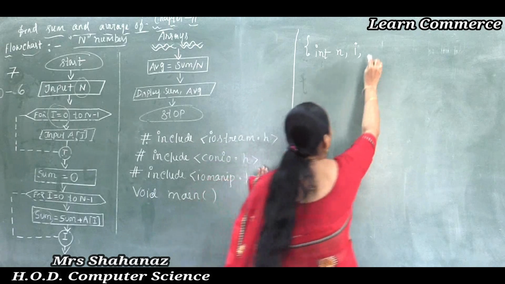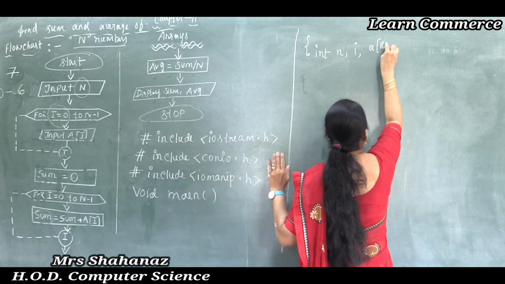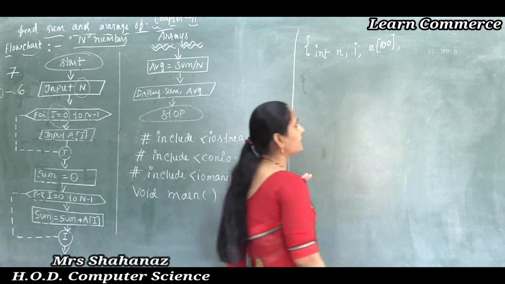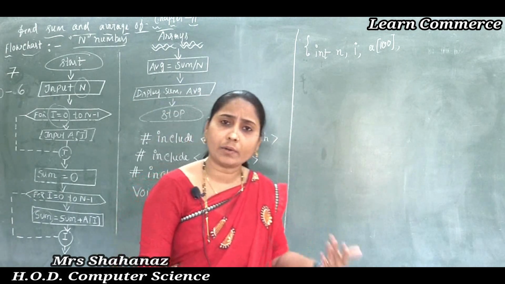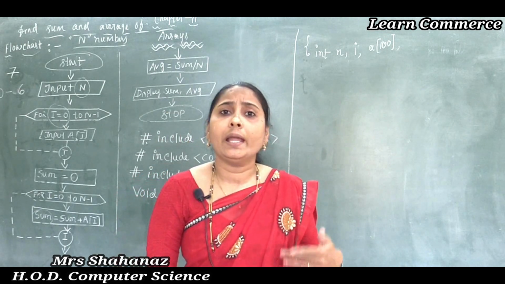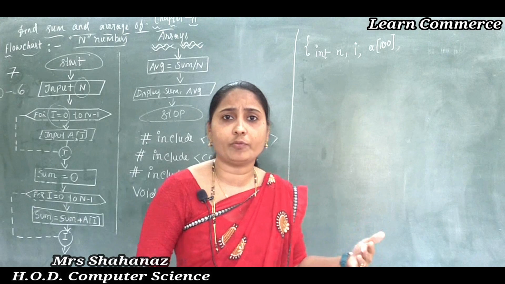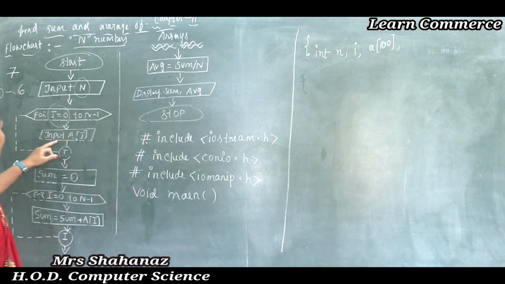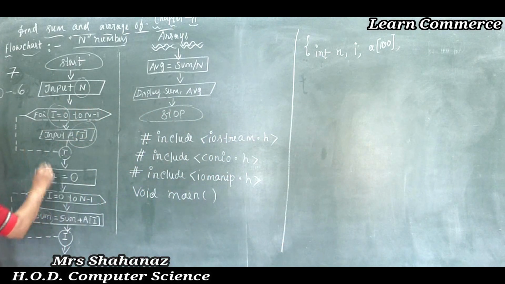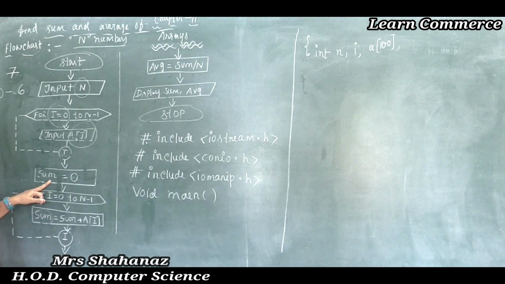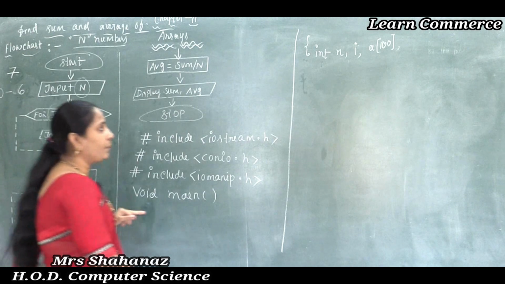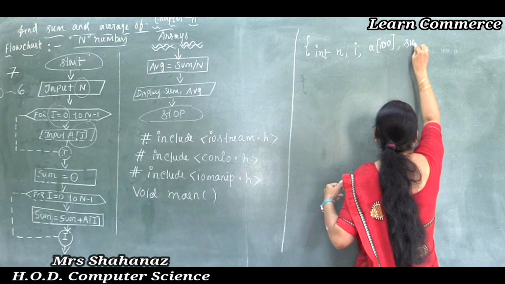So I am using the size a of 100. If you use 5, 6, 7, no problem, or any other size, maybe 100, 150, no effect. With that we declare the last variable, sum.